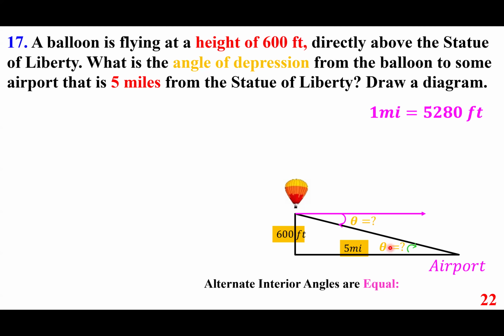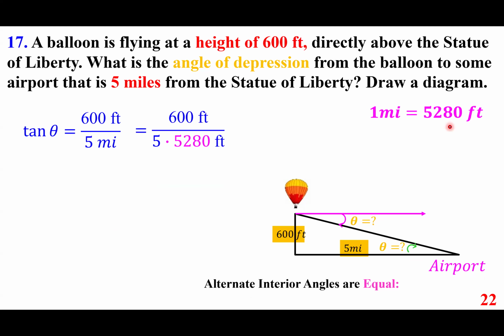Tan of this angle is the opposite, 600 feet, over the adjacent, 5 miles. However, we have to use the same units, so we change this to 5 times 5280 feet. Put it into a calculator, and we get 0.0227272.